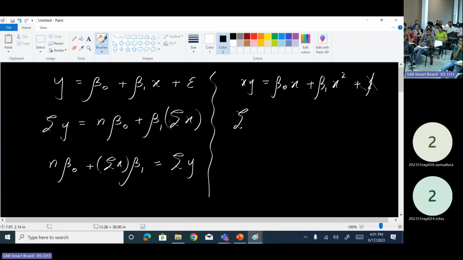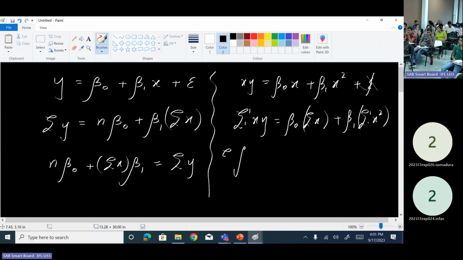Then we sum it up: sigma xy equals beta naught sigma x plus beta 1 sigma x squared. Then we wrote this as sigma x beta naught plus sigma x squared beta 1 equals sigma xy. So that is equation number 2.